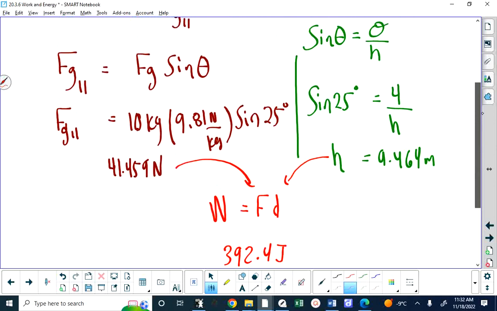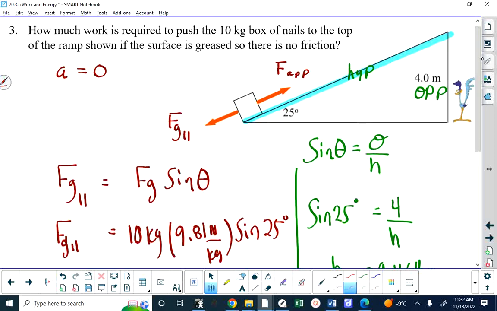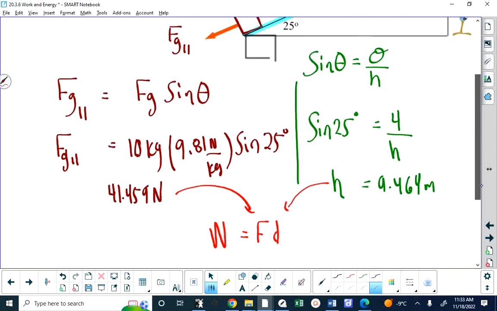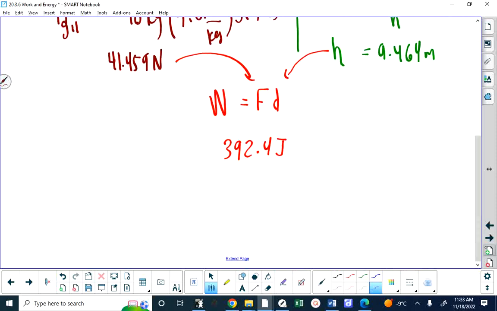What if instead Wile E. Coyote took that box? I'm guessing Wile E. Coyote wants the box to be at the top of the ramp. That's the goal. Because at the top of the ramp, the box has this much energy, doesn't it?